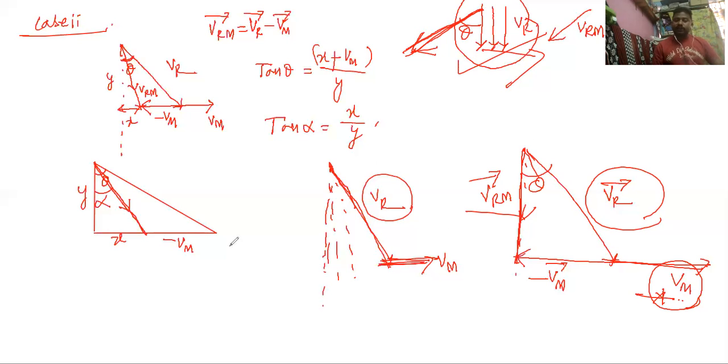This way, the questions can also be asked, my dear students, right? So the river man or the river boat and rain man, numericals and concepts with the higher level is done. Understand?